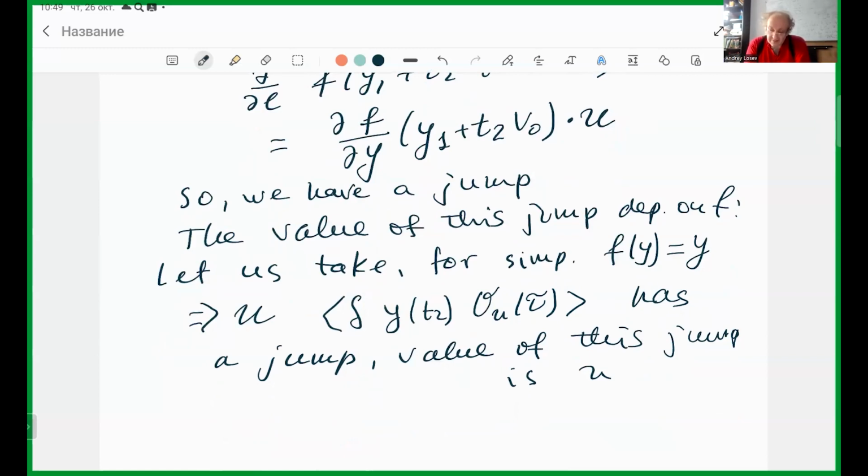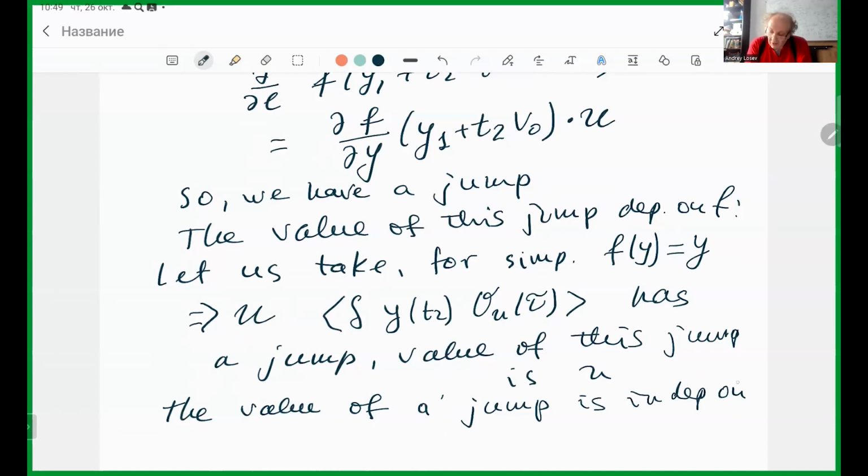Now let us see. The value of a jump is independent of v naught in this particular case. But probably we can say something about the jump in the general case.